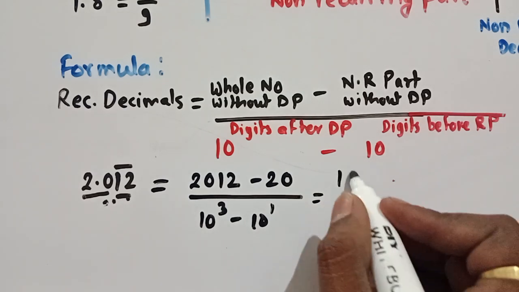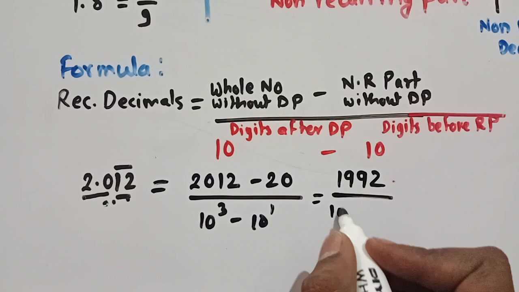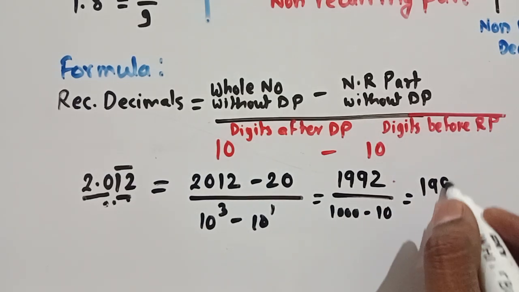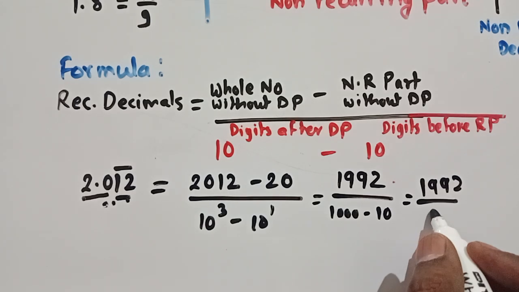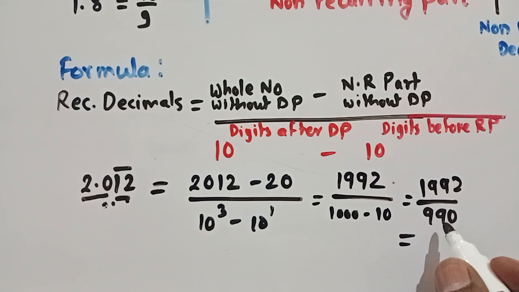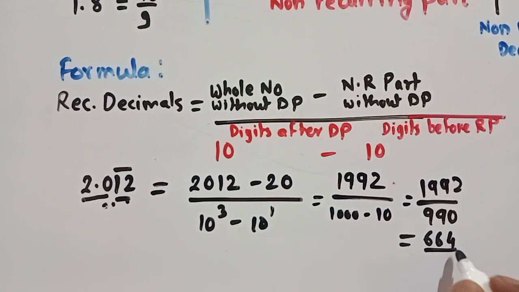So after solving this, we'll get 1992 upon 10 to the power 3, which is 1000, minus 10 to the power 1, which is 10. So we'll get 1992 upon 990. As you can see, both the numbers are further divisible by 3. So we'll get 664 upon 330.